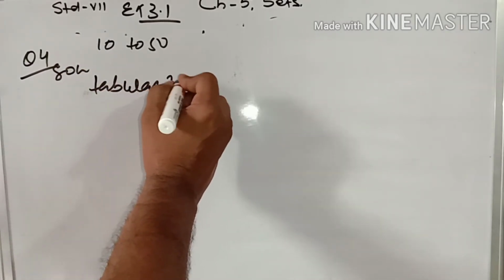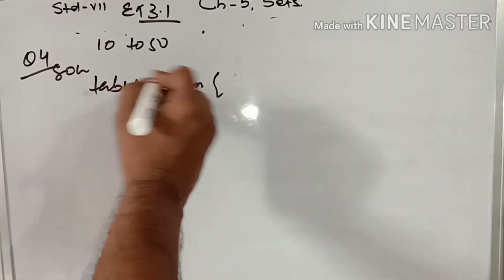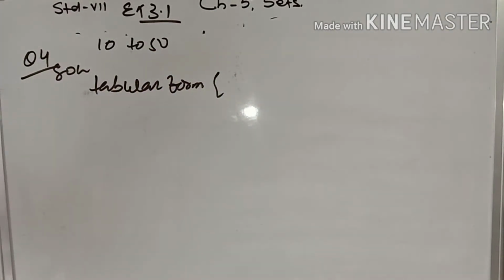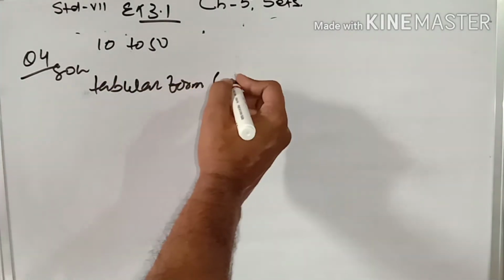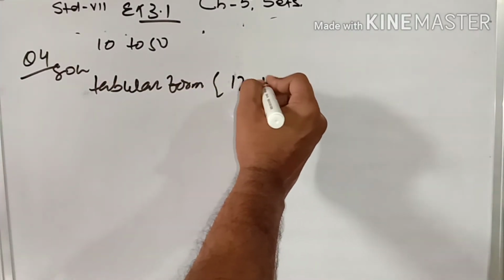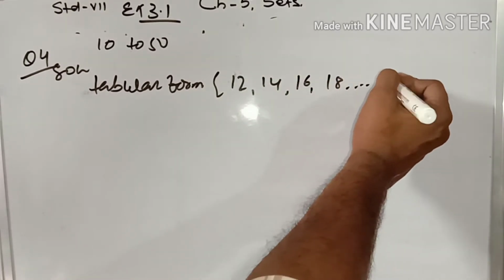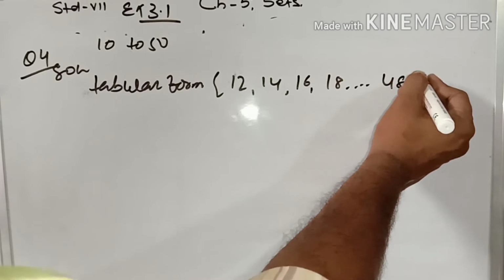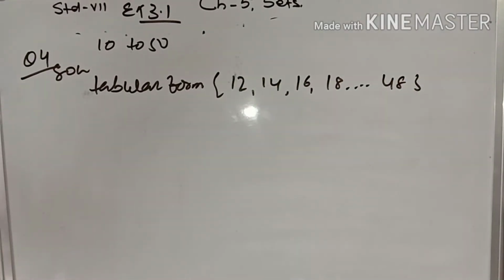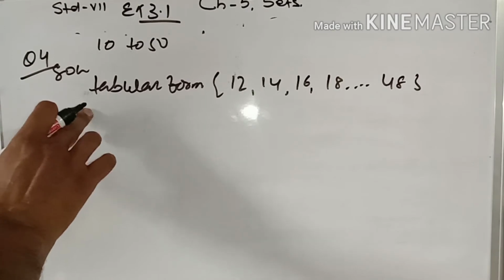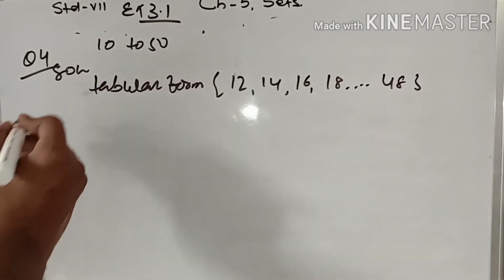Tabular form: 12, 14, 16, 18, up to 48, because 49 is not even. So write down please. This is your solution of question number 4.